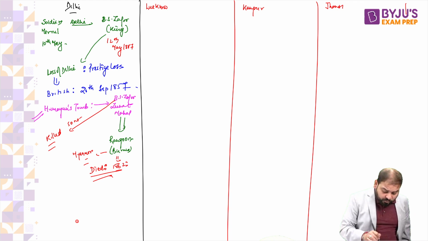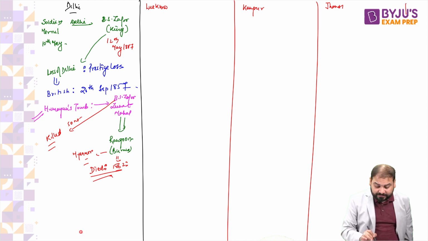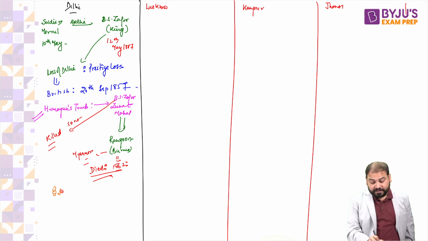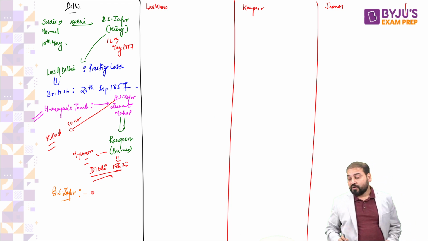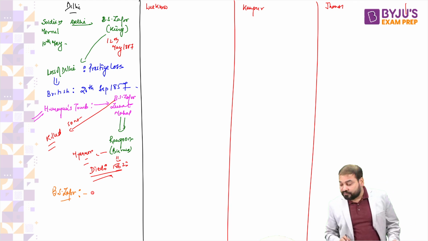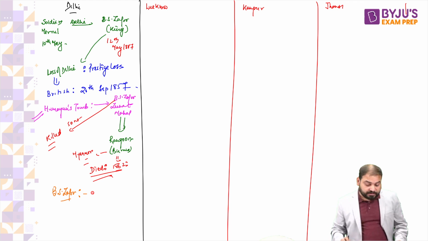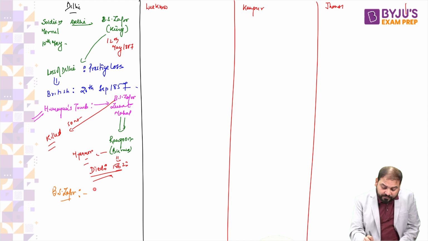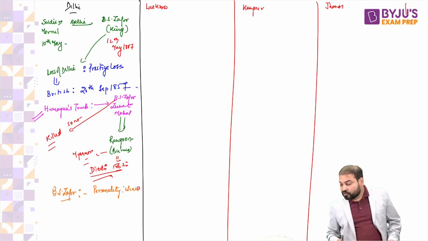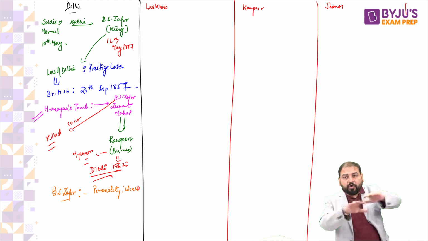And as Raj is asking, some people say Bahadur Shah Zafar was the weak link of this. Yes, you are correct, Raj. The thing is, Bahadur Shah Zafar had a very, very weak personality. He kept on oscillating.